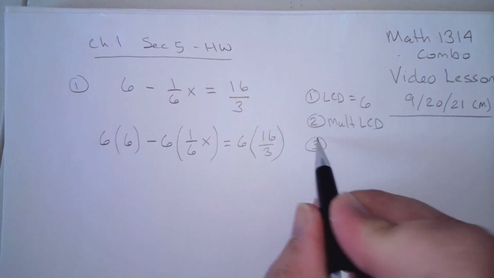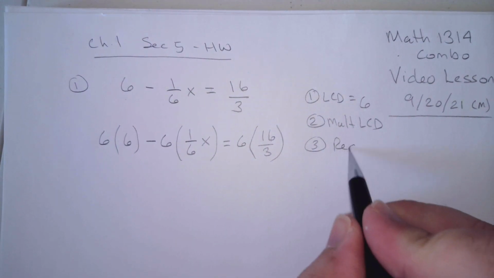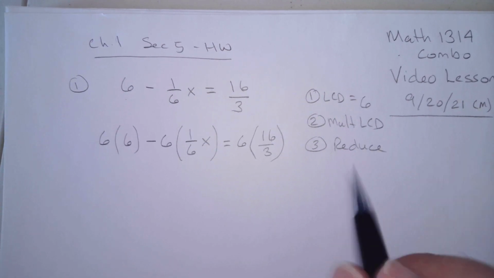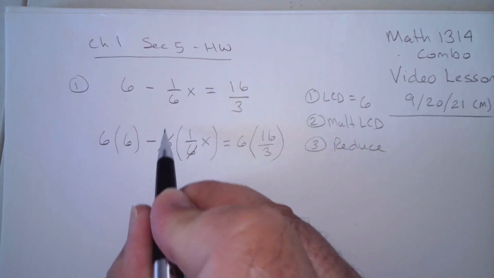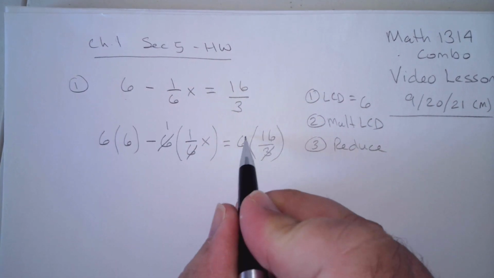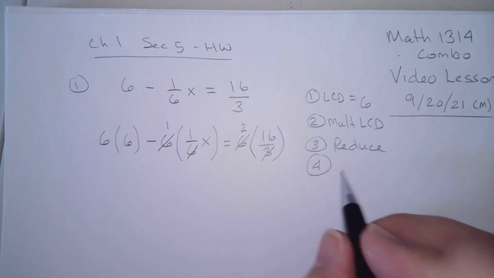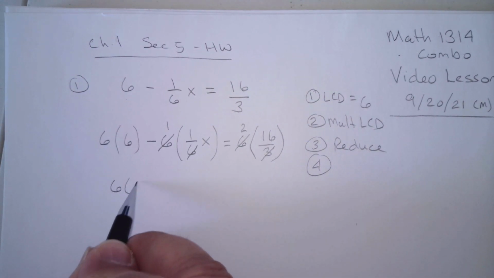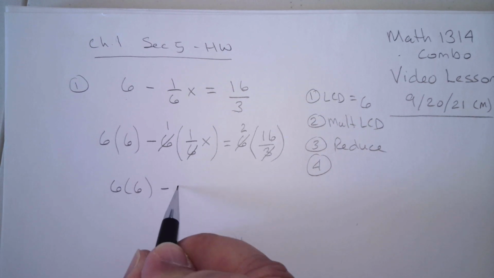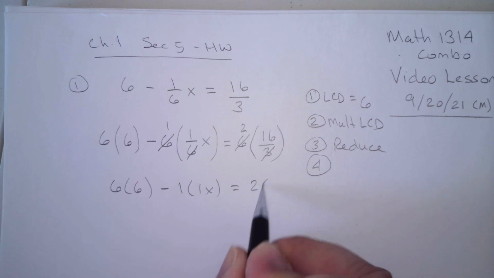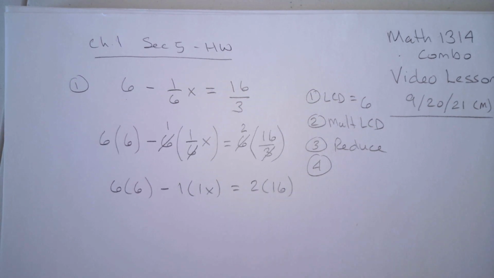The third step is reduce. In other words, here we get rid of the fractions. 6 goes into 6 one time, 3 goes into 6 twice. So we have 6 times 6 minus 1 times 1x equals 2 times 16.